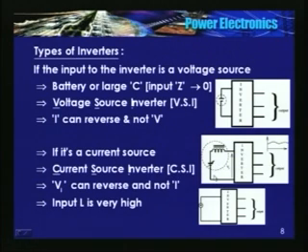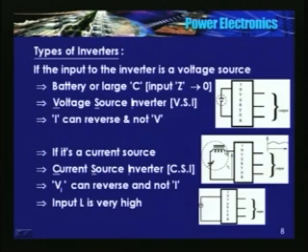I said that in the input stage of a Chuk converter, we had a voltage source and an inductor, and we can represent that combination by a current source. It could be represented by an almost ideal current source. Since there is a large inductor here, current cannot change its direction.